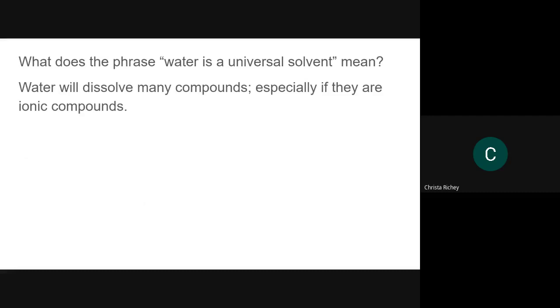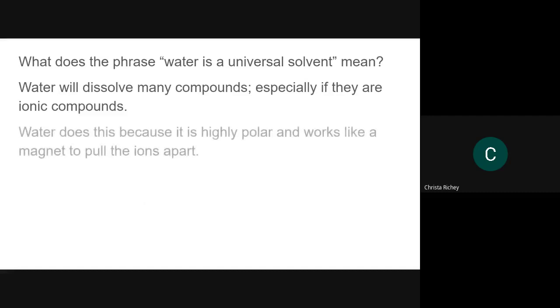Yes, it's still neutral overall, but this arrangement where you have basically a magnetic north and south, a positive and a negative, lets water work like a magnet. And the oxygen side that has the negative electrons clustered on one end is going to go after a positive ion. And then the positive side of the water, the two hydrogens, they're going to go after the negative ion. And as long as water is stronger than the bond of the ionic compound itself, it's going to pull it apart. This is why salt dissolves in water.